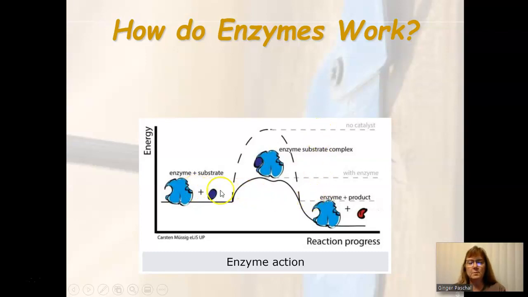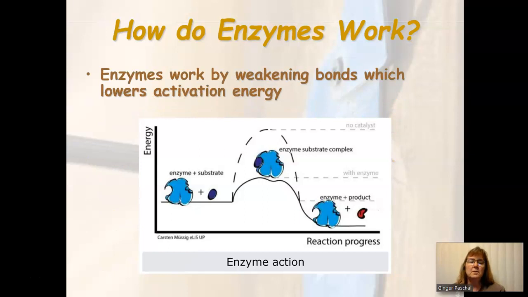And you can see that once this substance reacts, the amount of energy in the products is actually less than what the substance it began with had. So energy has been released, and that energy has typically been released in the form of light or heat. Enzymes work by weakening the bonds, which lowers the activation energy.